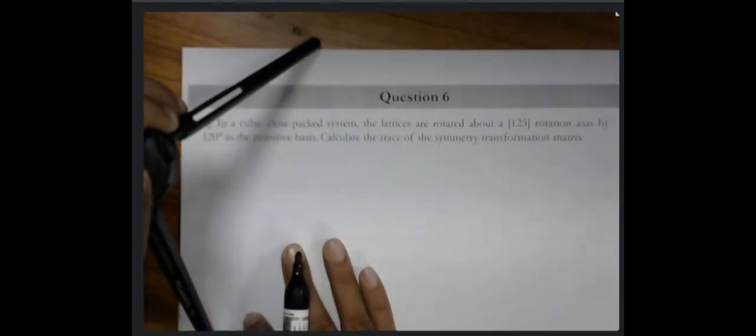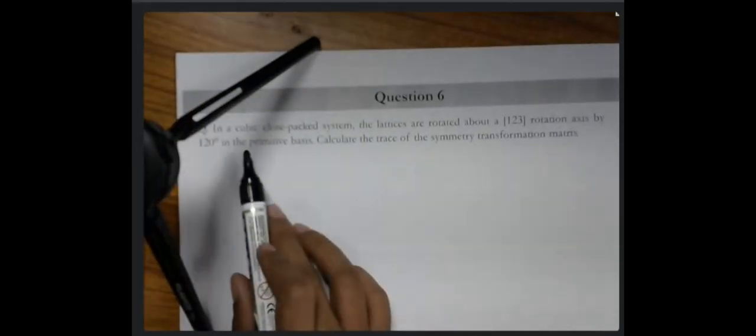Now, let's move to question number 6. Question number 6 states that in a cubic close-packed system, the CCP system, the lattices are rotated about the 1, 2, 3 rotation axis.